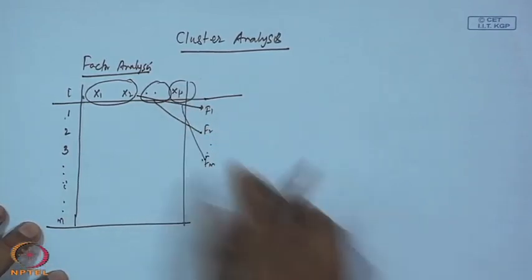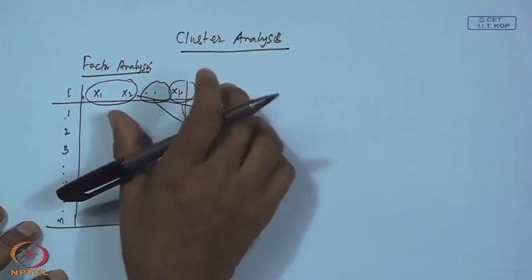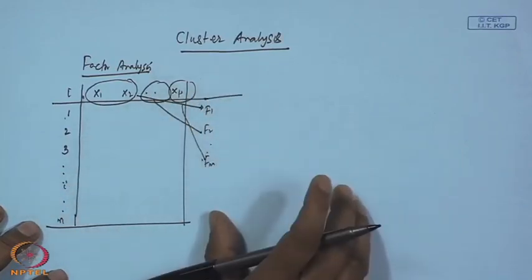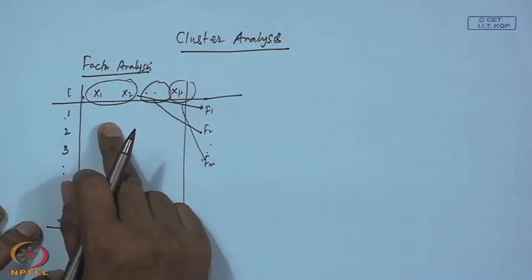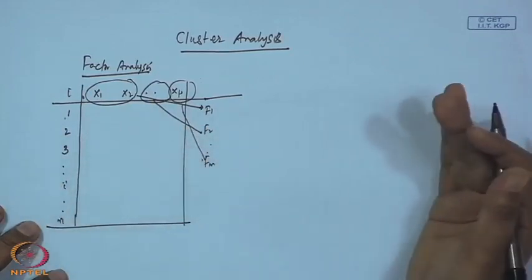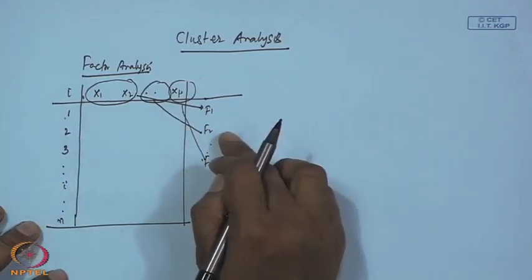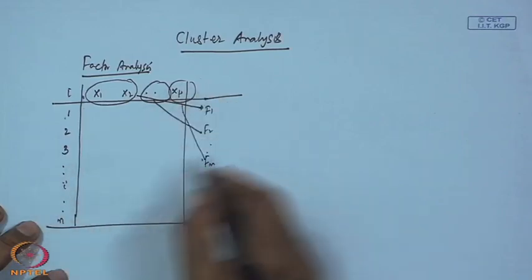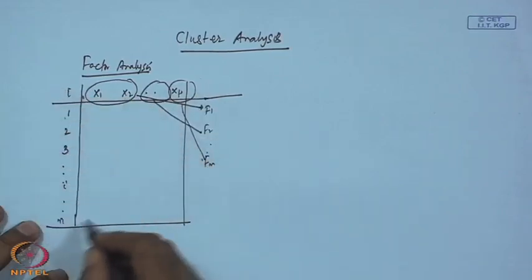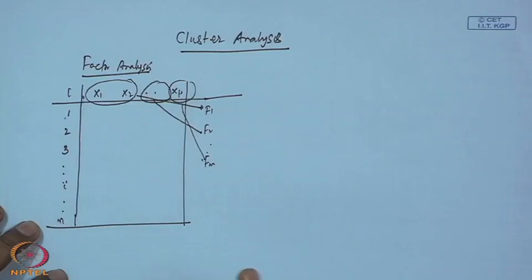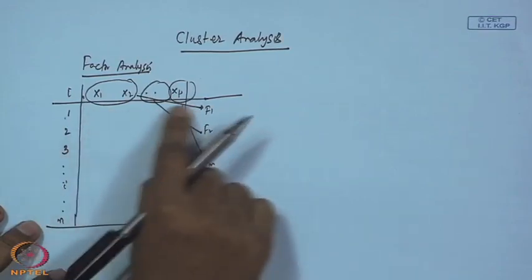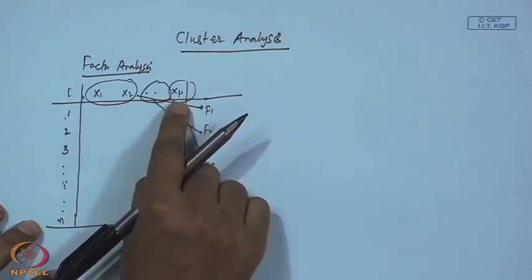So, that means in factor analysis necessarily you have grouped the manifest variables into different groups called factors, and you have done that with the help of multivariate observations on p variables.